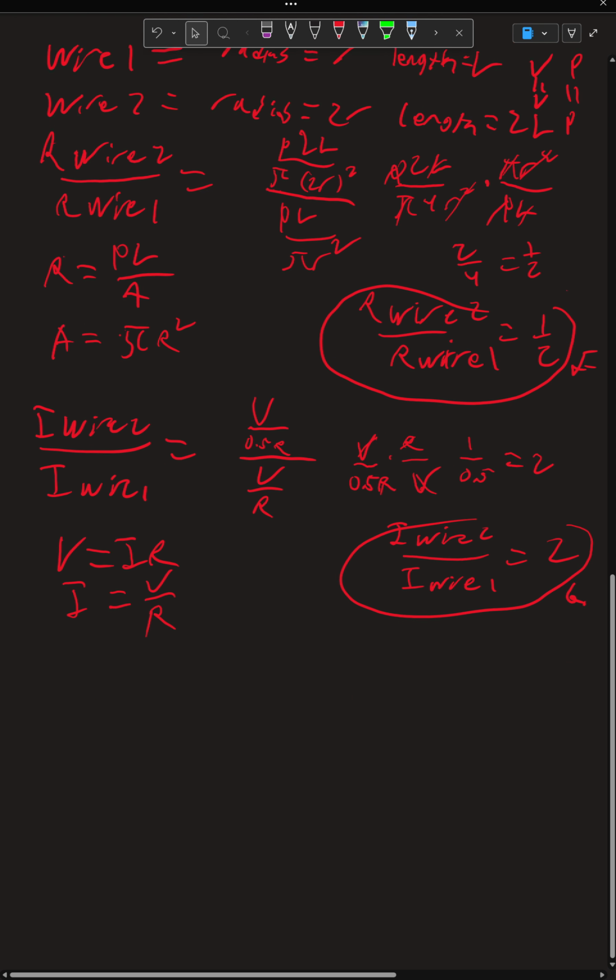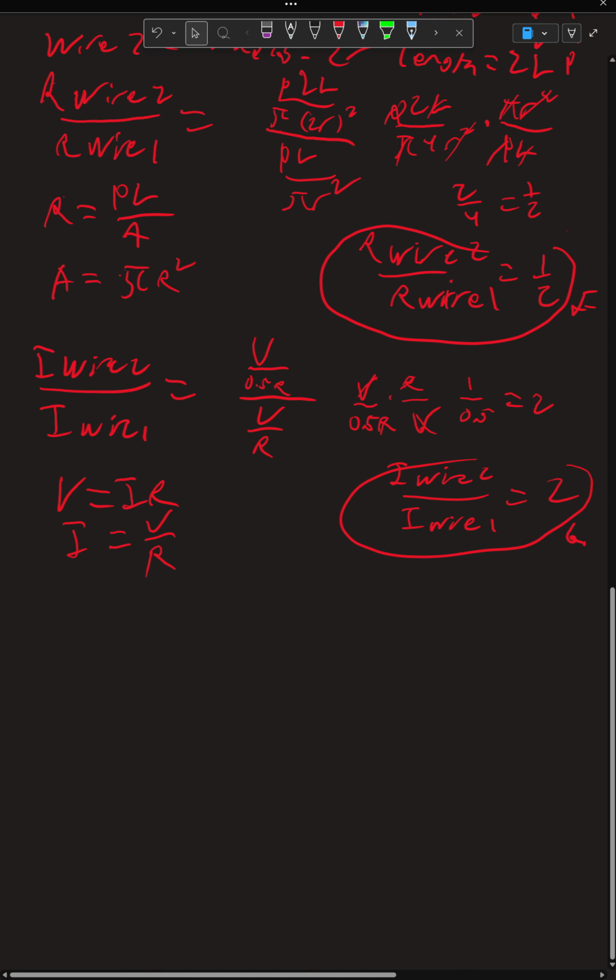Now for part H, it asks to find the ratio of the current density of wire 2 to the current density of wire 1.